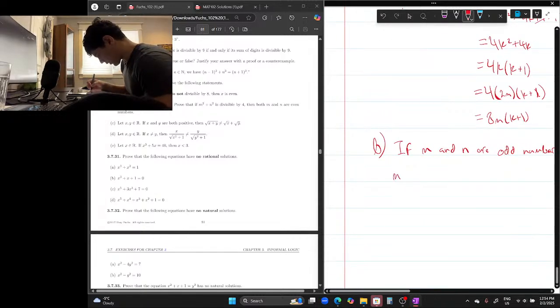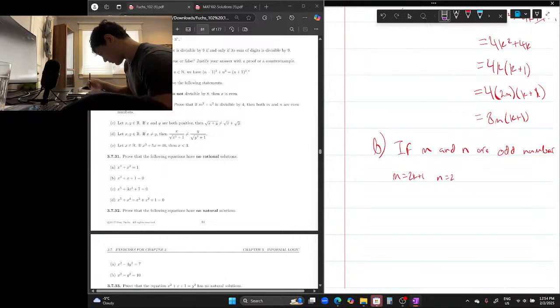So then we have m is equal to 2k plus 1 for some integer k, and n is equal to, not 2m, 2q plus 1. Sure. So (2k plus 1) squared plus (2q plus 1) squared.